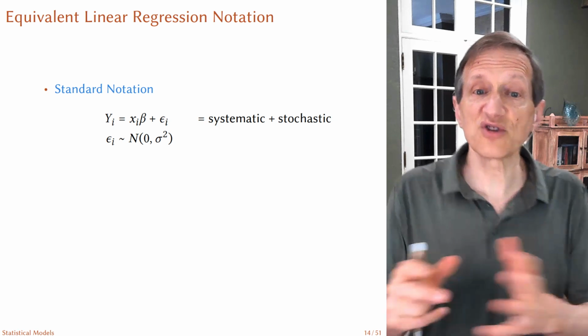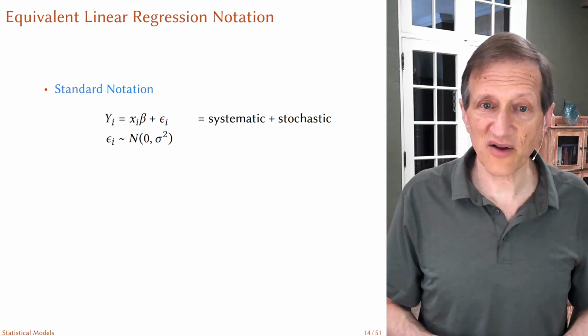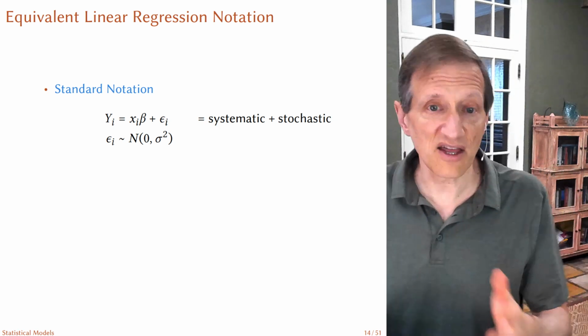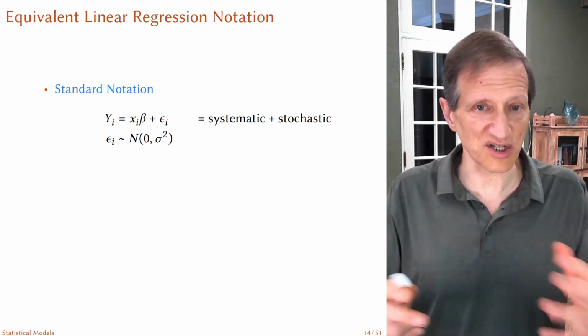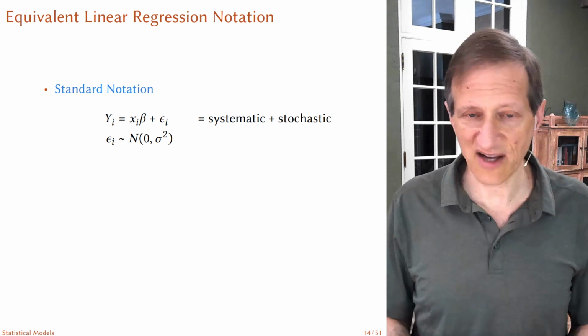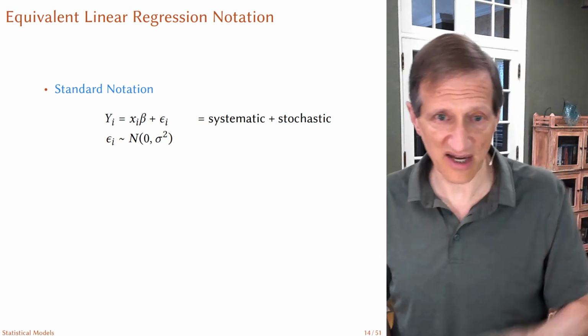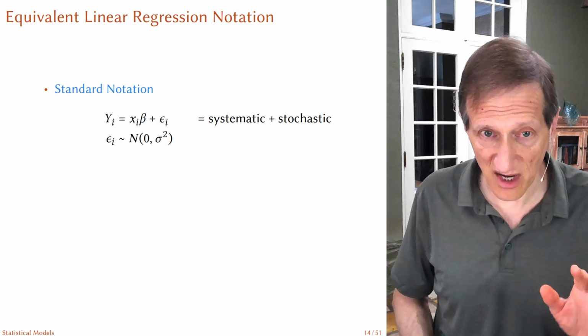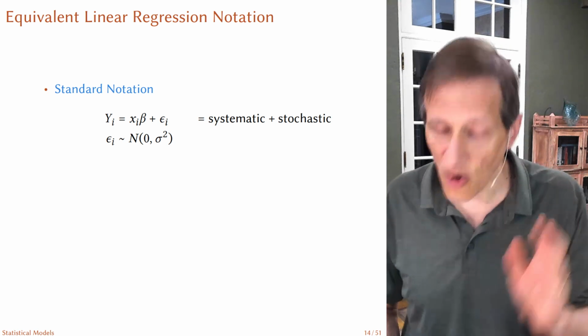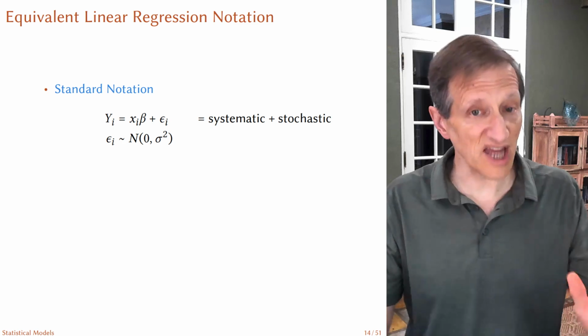It's on average 0. That's the first element there. But it varies, and the variance of epsilon sub i is sigma squared. So this is a standard homoscedastic, which means constant variance, so that sigma squared has no subscript. So it's a linear normal homoscedastic regression. So it's standard notation.